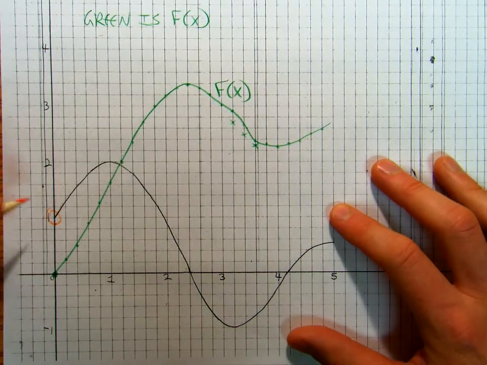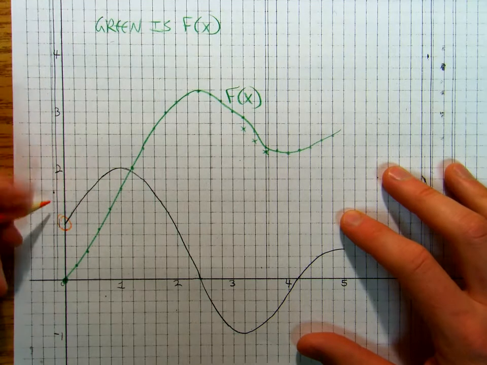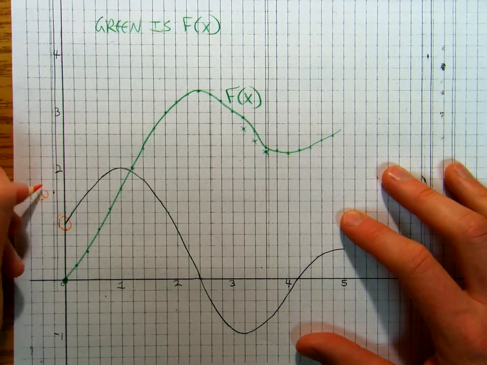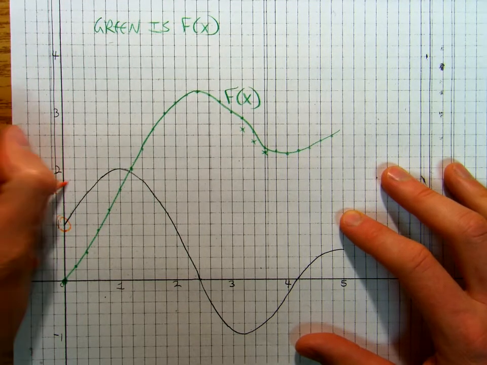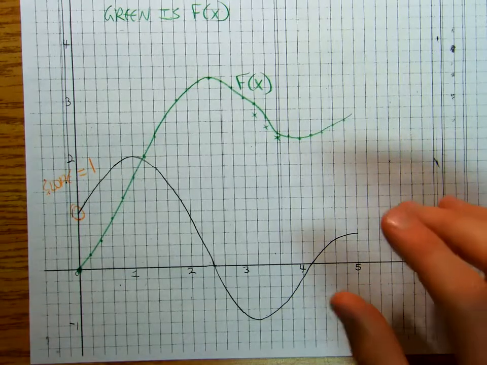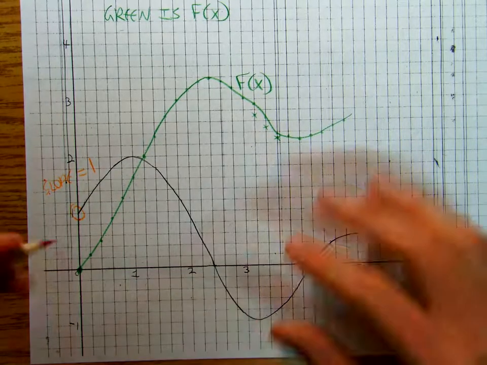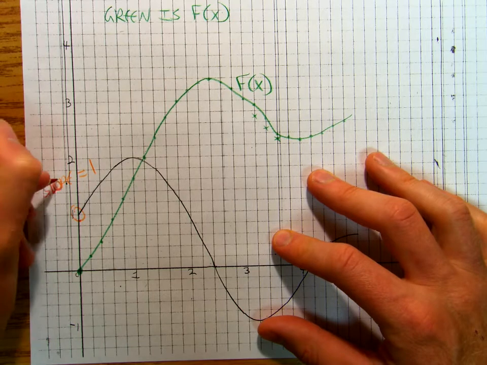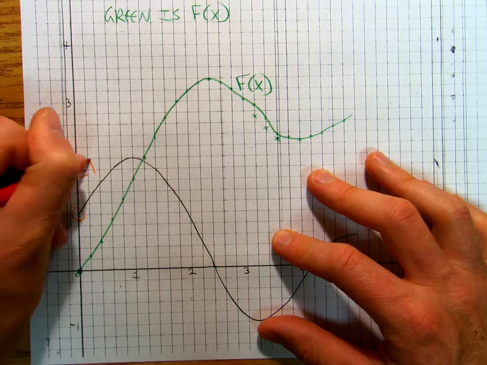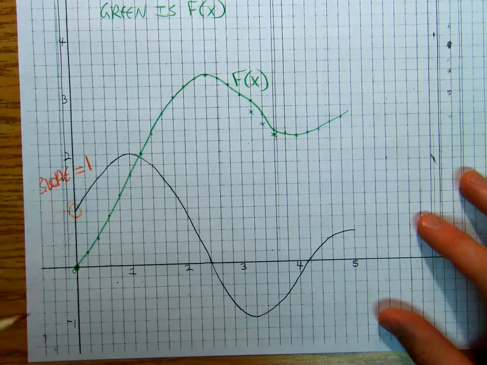Okay, so let's look at this. Here, that says that the slope is 1.